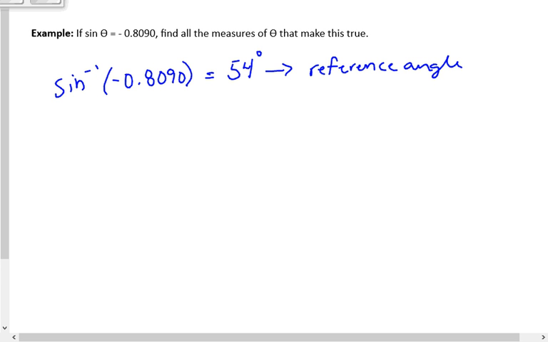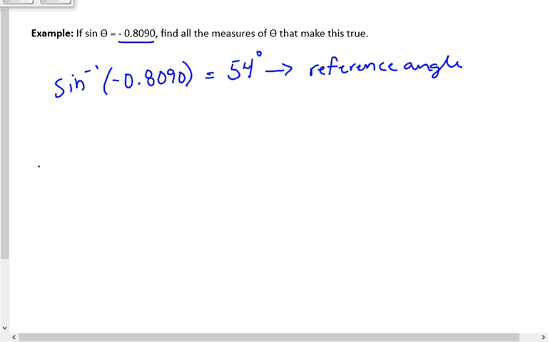So now we need to figure out what are the measures of theta that will give us this answer. So we have to find all of the angles for theta that would make this true. We know that we're working with sine as a negative, okay? So the only quadrants for which the angles are going to make sense are the quadrants in which sine can be negative.